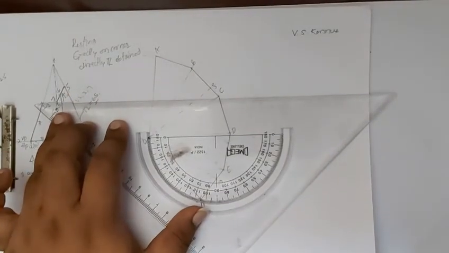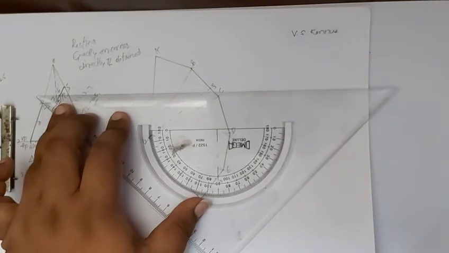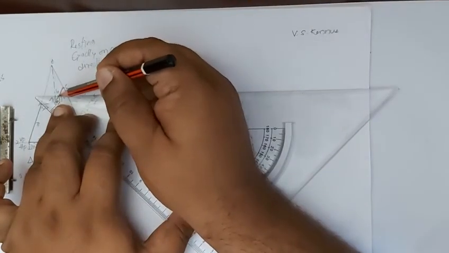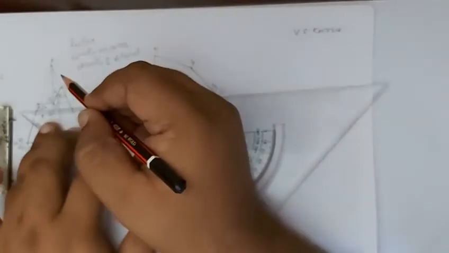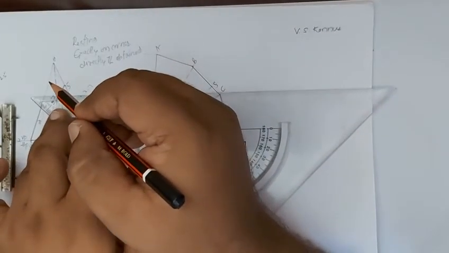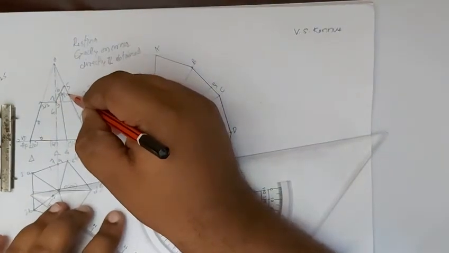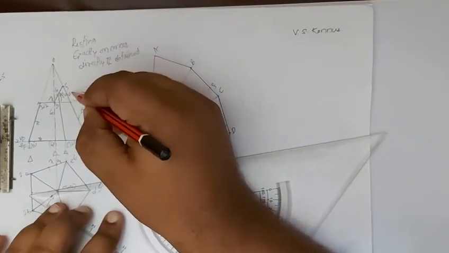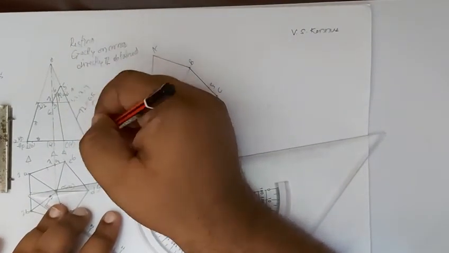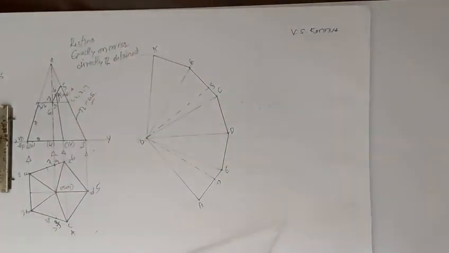Take the parallel line. Right, 6 and 4, so this point. So all these are transferred to the true length, and the distance will be taken on the true length only.